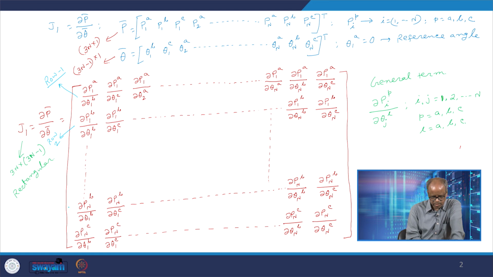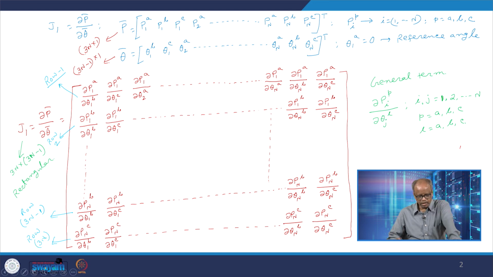This is row 3n minus 1, and this is row 3n. Right, and this is column 1, column 2, and so on.